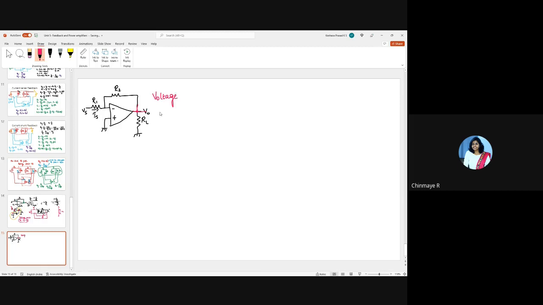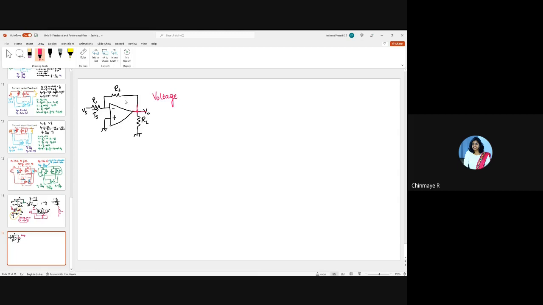So if you're sampling the output voltage for feedback at the same point where you're sampling the output voltage, then the first term will be voltage. It will not be current, right? So therefore, the first term is voltage. So now how are you feeding it back?